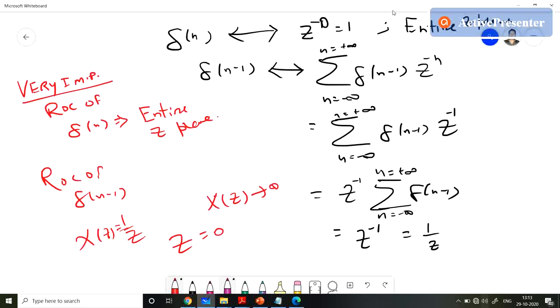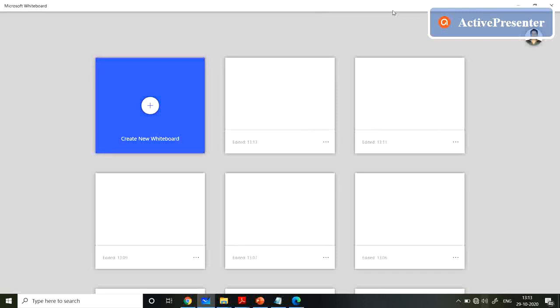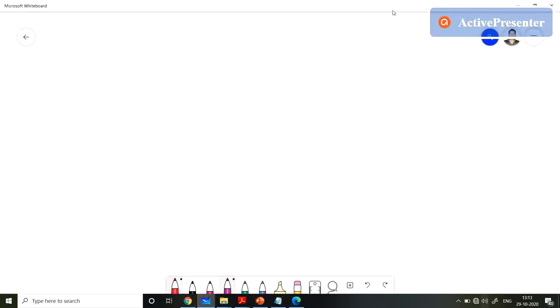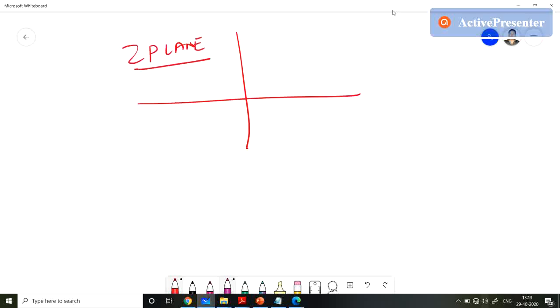So there is a pole at z equals 0, and the ROC will not contain any pole.